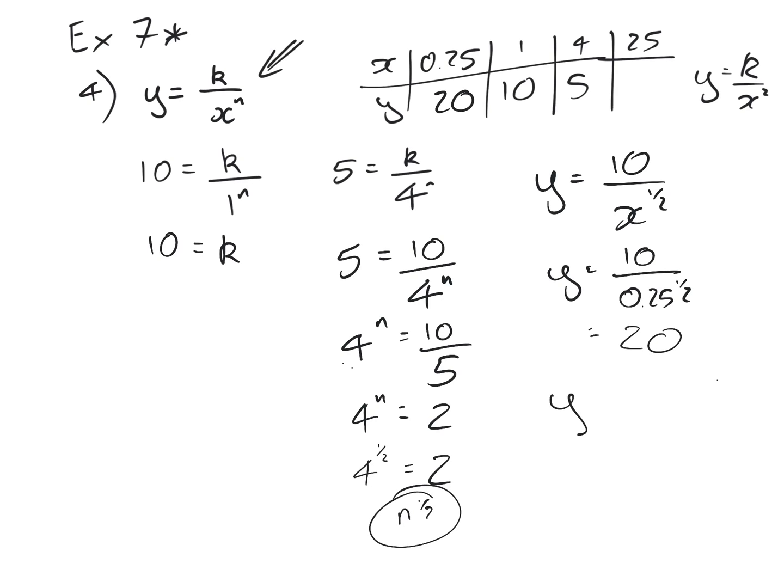And then the other one, y equals 10 over 25 to the half. 25 to the half is going to be 5, square root of 25 is 5, so then 10 divided by 5, but again, you can put that into your calculator, is 2. Okay, so that was that question. It was a really tricky question, but that's how we would go about it.